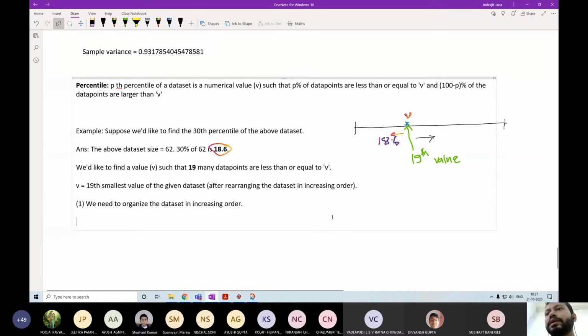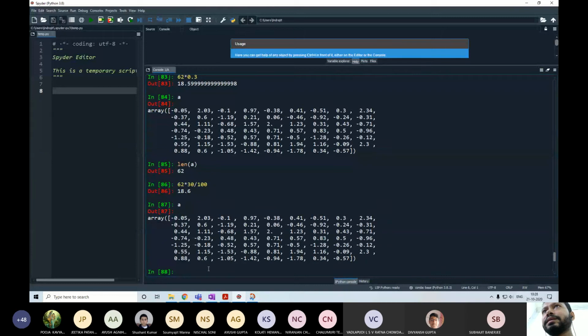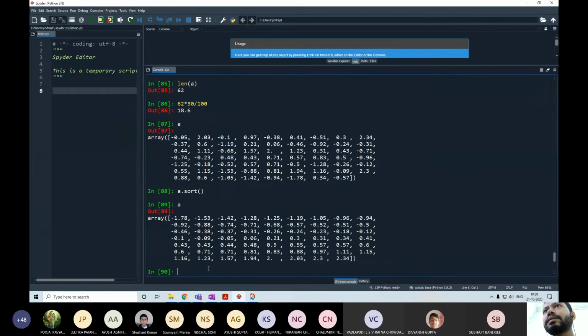I think there is a command in Python: if you type data dot sort, this will return the data set in increasing order. Let me try that. My data is A. If I write A dot sort, now A is organized in increasing order.